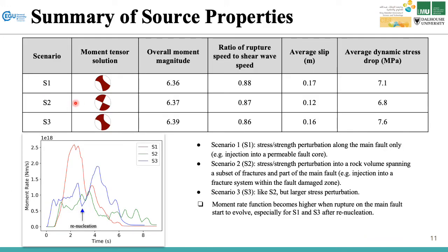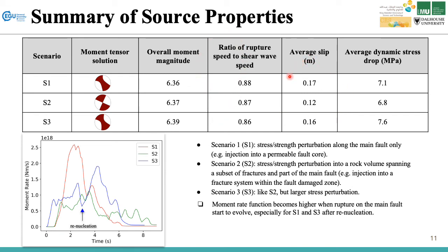The summary of source properties from all scenarios presented here can be shown in this table. The 3 scenarios produce equivalent moment magnitude as well as seismic moment. The 3 scenarios generate sub-Rayleigh rupture speed.